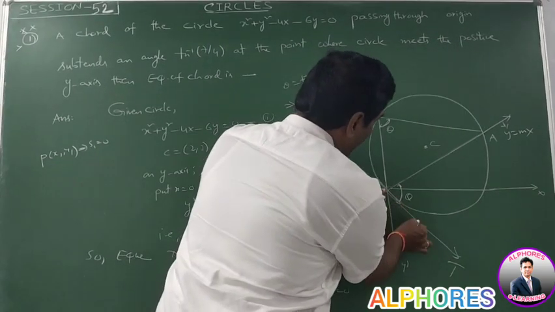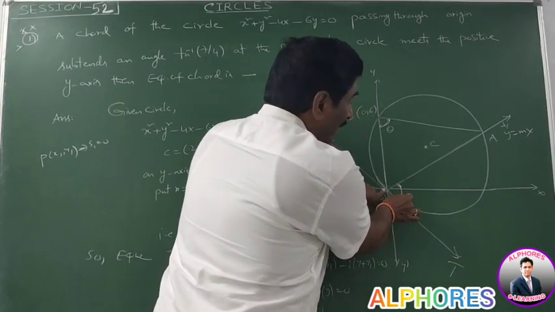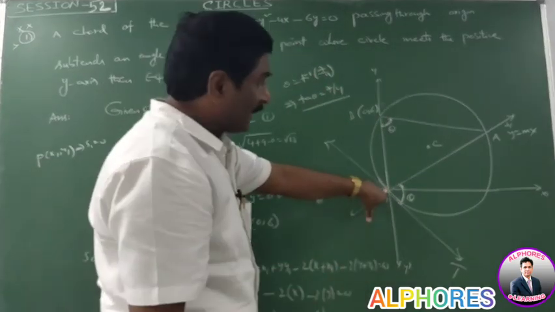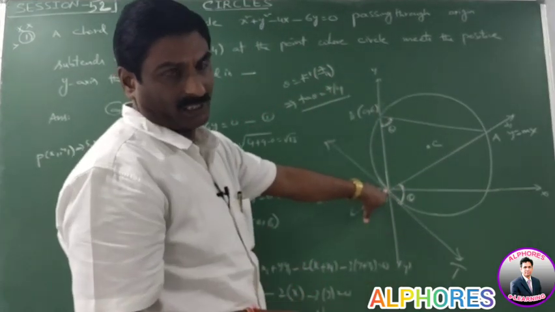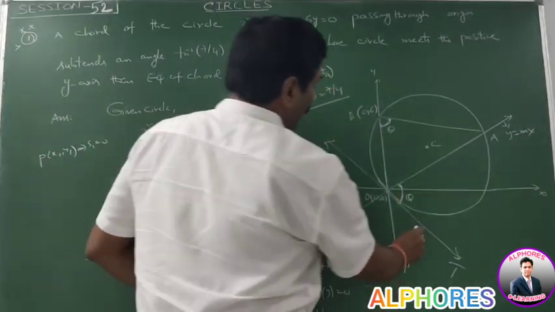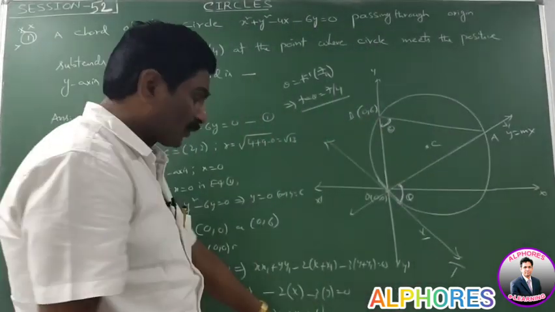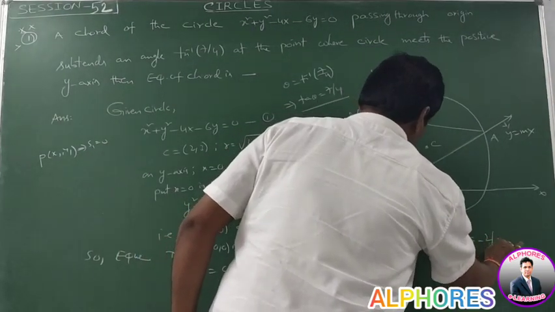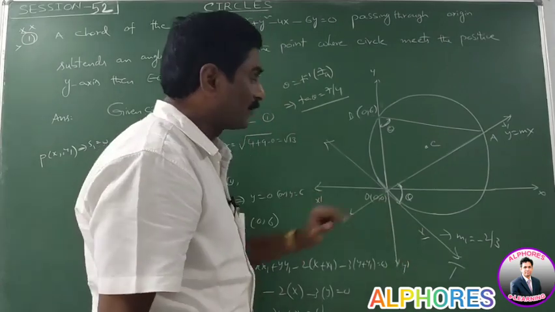So this is theta, this is theta. Now the equation of the tangent OT is 2x + 3y = 0. Slope of this line is m1 = -2/3.